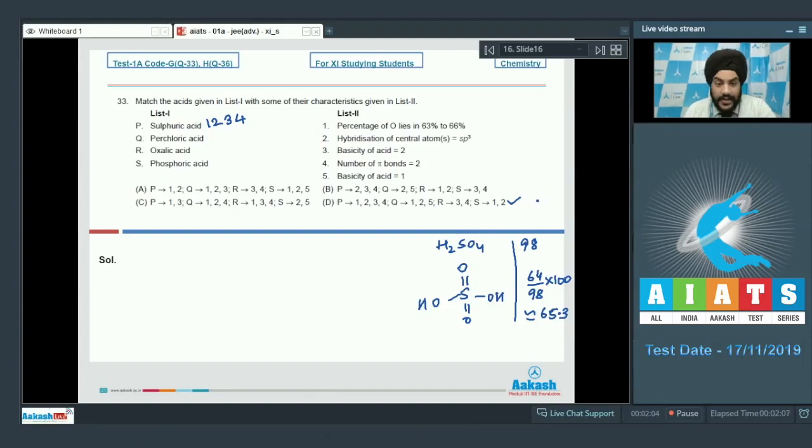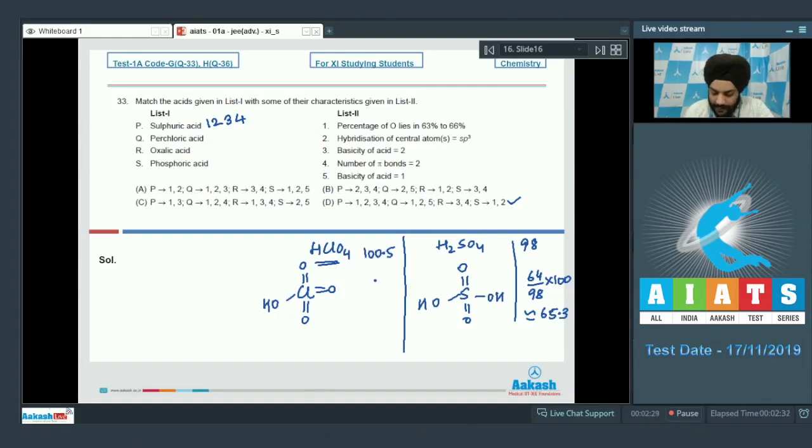Okay. Let's look at the second acid now. It is perchloric acid. So students, perchloric acid is HClO4. Okay. So we can draw the structure again. So Cl double bond O, double bond O, double bond O and OH. Okay. If we talk about the molar mass of HClO4, students, its molar mass is 100.5.